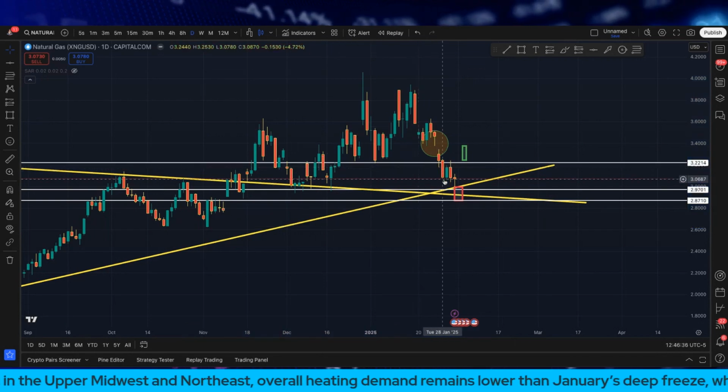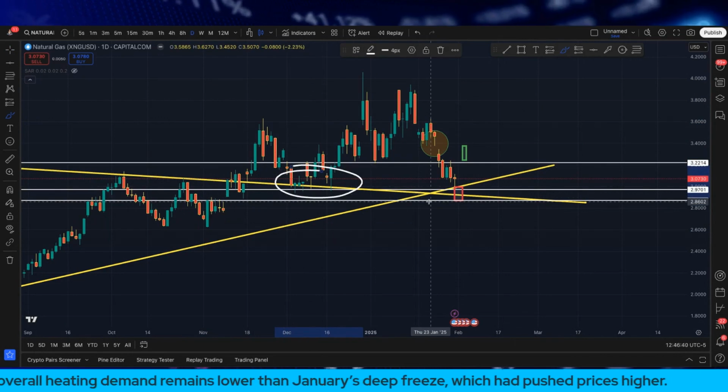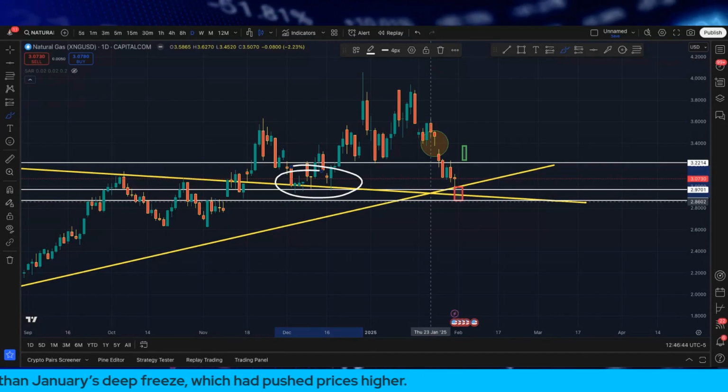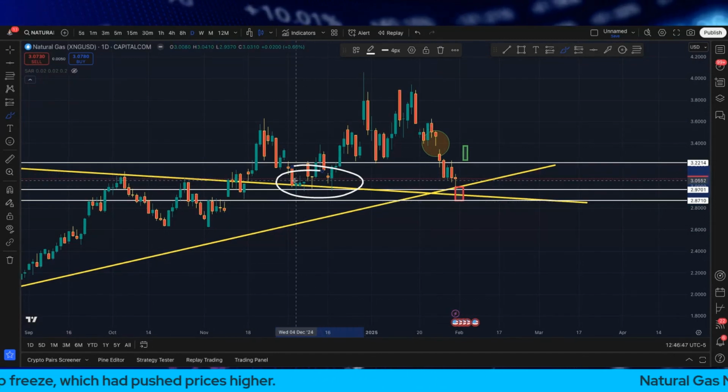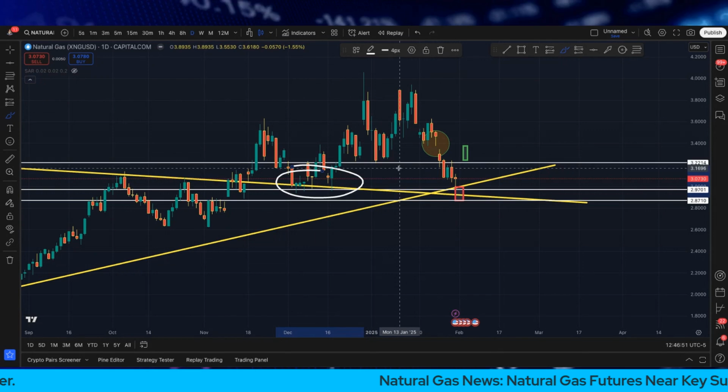When I get rid of the fibs and we look over to our left, we can see here that this is a pretty nice supply and demand zone. More times than not, when price has been down here since December of '24, we have reacted with a push back up.